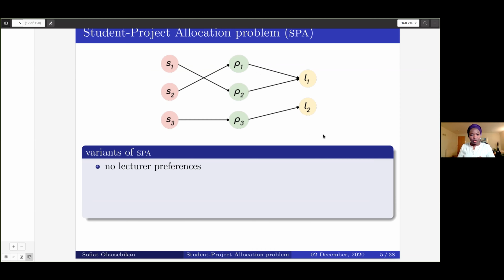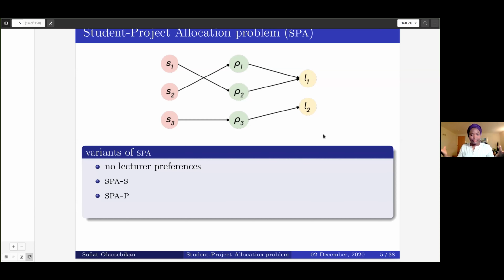And there is also the variant where the students have preferences over projects and lecturers have preferences over the students that find their project acceptable. This has been applied, I think, at the Department of Math, University of York. Another variant is SPA-P. In this variant, the students have preferences over projects, and lecturers have preferences over their proposed projects.